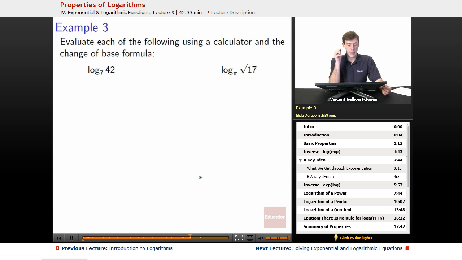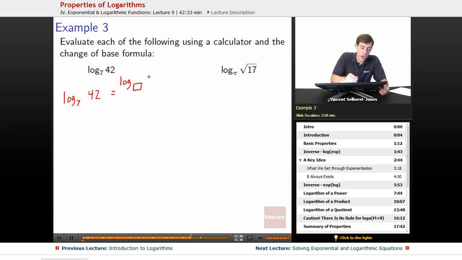Evaluate each of the following, use a calculator and the change of base formula. So remember, our change of base formula: if we have log base 7 of 42, then we can change to any base. We put log of 42, the thing that we're taking our log of initially, divided by log of 7. The base has to be the same between here and here.